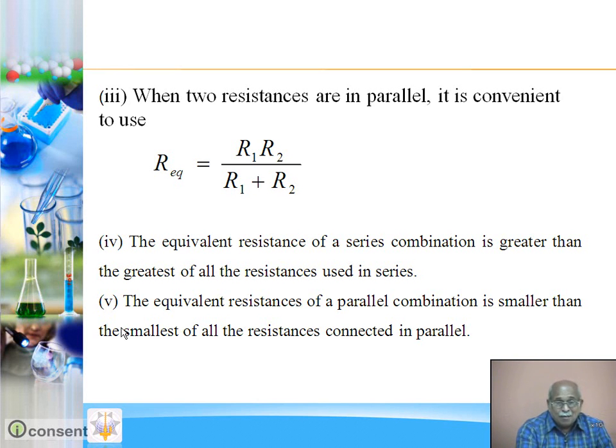पॅरलल बद्दल काय म्हणता येईल? पॅरललचा मगाचा फॉर्म्युला पहा, 1 upon Req इक्वल टू 1 upon R1 प्लस 1 upon R2 वगैरे. लगेच लक्षात येईल 1 upon Req 1 upon R1 पेक्षा मोठा, म्हणजेच Req R1 पेक्षा लहान, तसंच Req R2 पेक्षा लहान, R3 पेक्षा लहान. मग सगळं एकदम काय म्हणता येईल की R1, R2, R3 वगैरे या सगळ्यापैकी जो लहान आहे त्याच्यापेक्षाही Req लहान आहे.